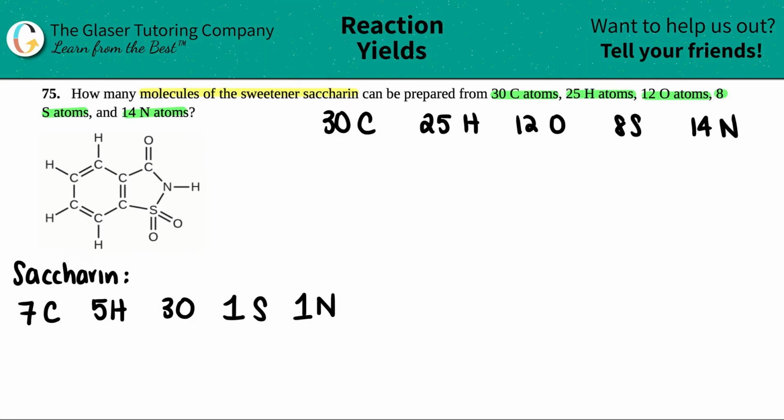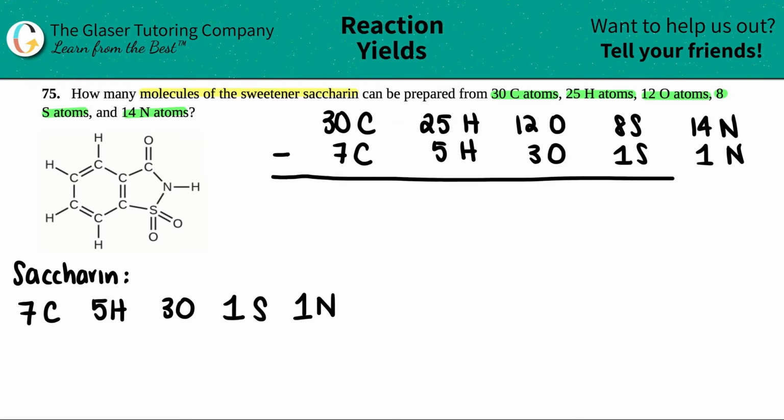If I want to make 1 molecule of saccharin, I need to subtract all of these from what I got. From the whole thing, I'm going to subtract 7 carbon, 5 hydrogen, 3 oxygen, 1 sulfur, and 1 nitrogen. Now, if this can work, that means that I could successfully make 1 molecule of saccharin.